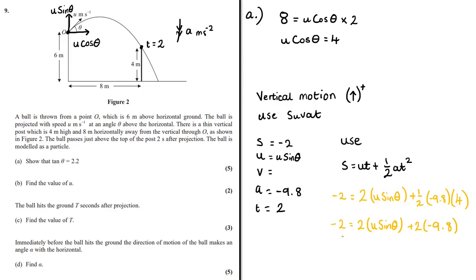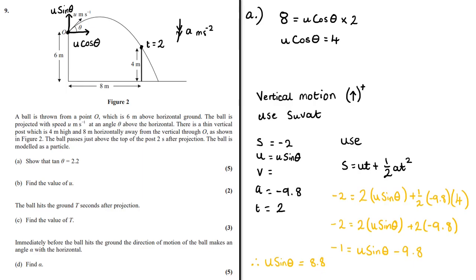So dividing across by 2, I get minus 1 is equal to u sine theta minus 9.8. And if we make u sine theta the subject, then I get u sine theta is equal to 8.8. Okay, so u sine theta is equal to 8.8.